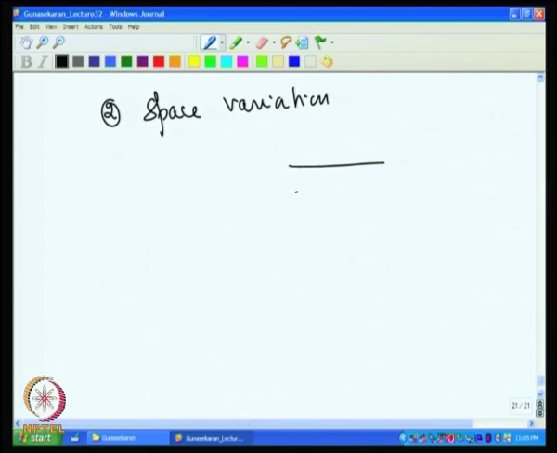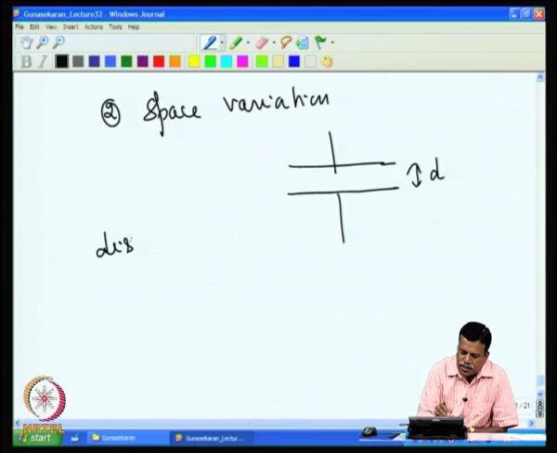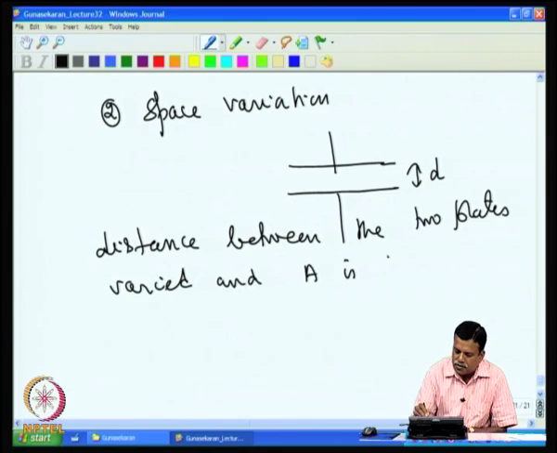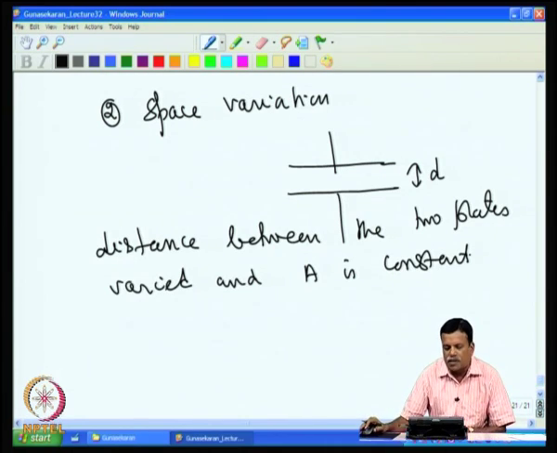We can have two capacitor plates, keep the area the same and vary the distance d between the two plates. So, the distance between the two plates is varied, and A is kept constant. This space variation can also be used.